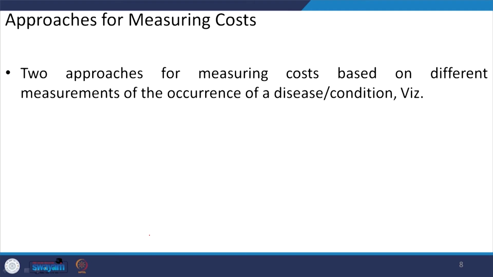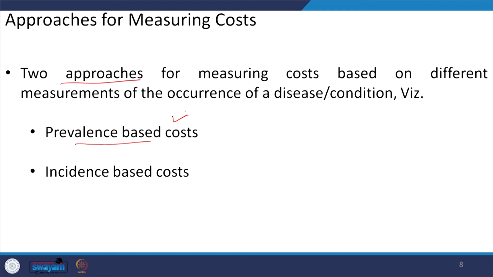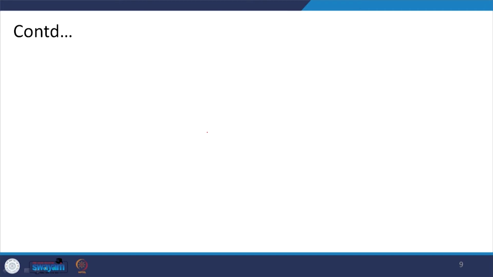This approach of measurement is based on different measurements of the occurrence of a particular disease or the condition that you are in. So, we can either apply the prevalence based cost or the incidence based cost. So, cost can be measured in terms of these two situations. What are these two situations?